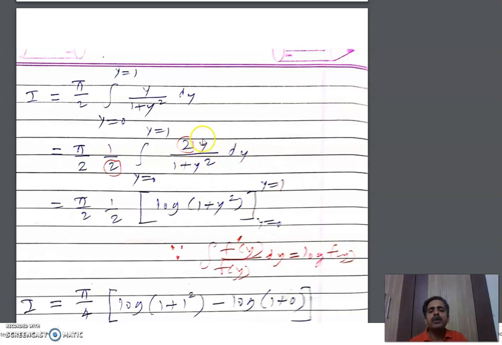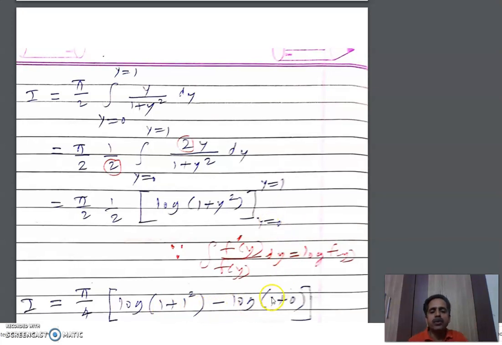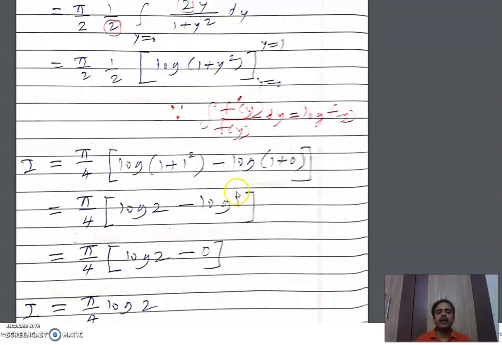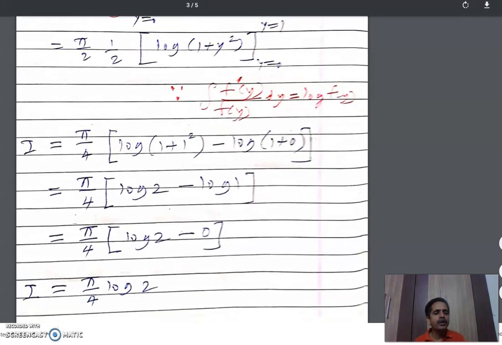So the integration of this became log of 1 plus y square. Limits of y are y is 0 to y is 1. First we put y is 1, then minus sign, and then you put y is 0. Like this, log 1 is 0, and we obtain the value of the integration. So in this way we have changed the order of integration.